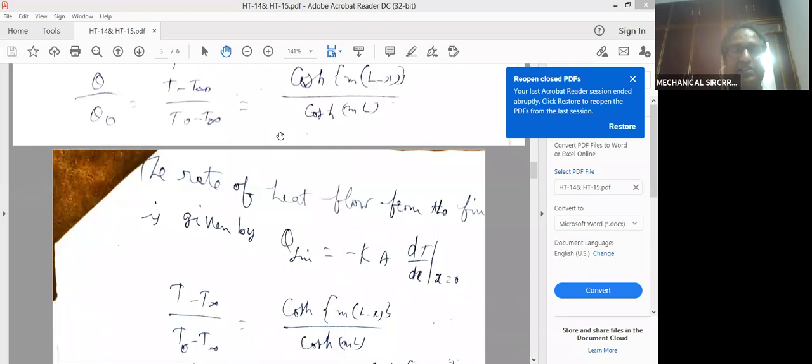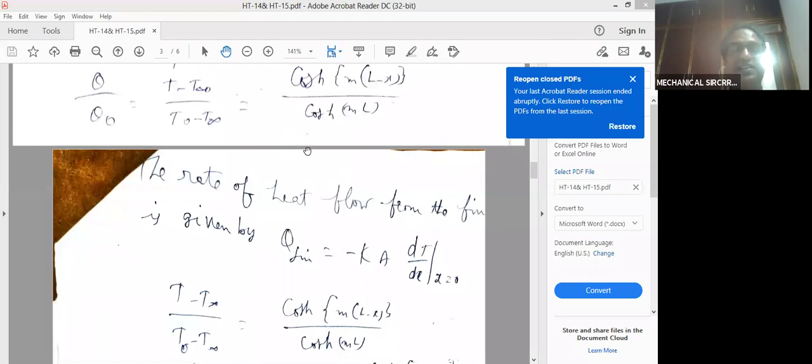K is not supposed to be 0. Area is not equal to 0. Only what should be equated to 0? Only dT by dx at x is equal to L. dT by dx at x is equal to L is to be equated to 0. So that is the second boundary condition. What is the second boundary condition for an insulated fin?